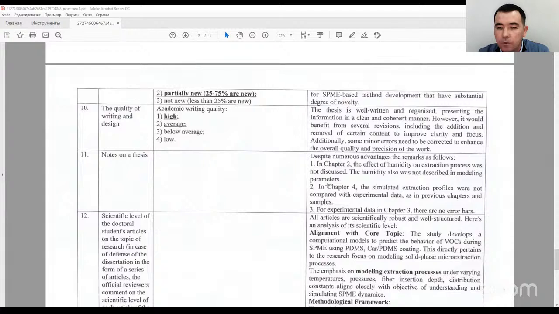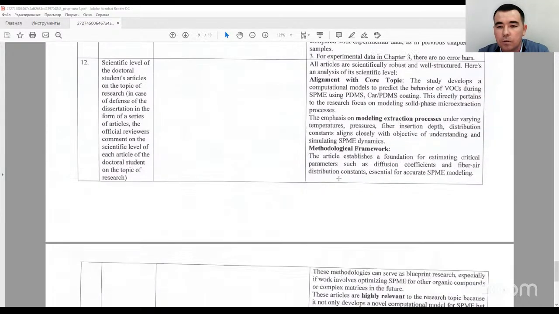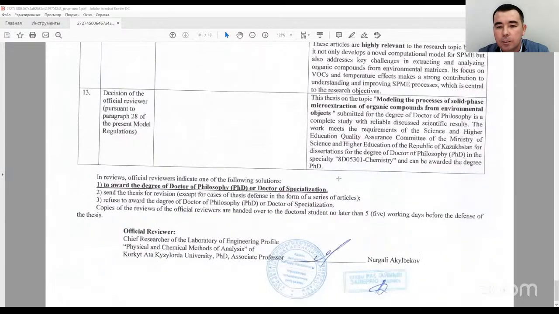The work meets the requirements of the Science and Higher Education Quality Assurance Committee of the Ministry of Science and Higher Education of the Republic of Kazakhstan for a dissertation for the degree Doctor of Philosophy in the specialty chemistry and can be awarded the degree PhD. That's all. Thank you.